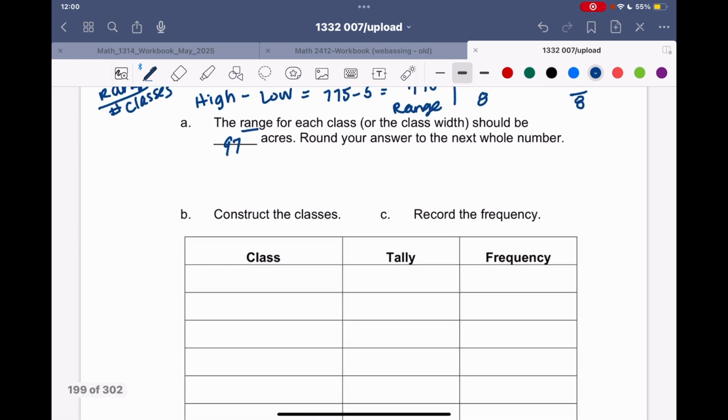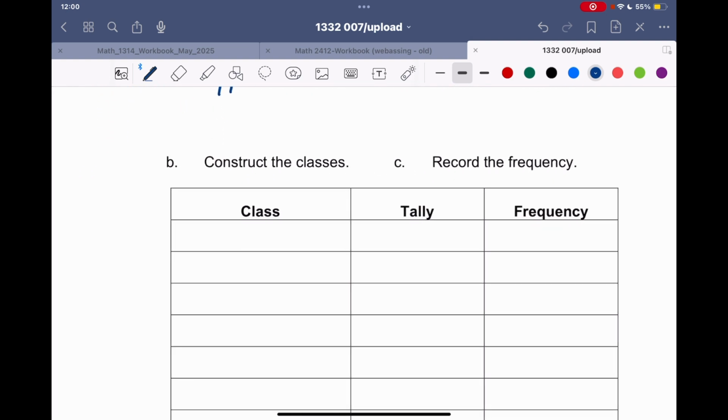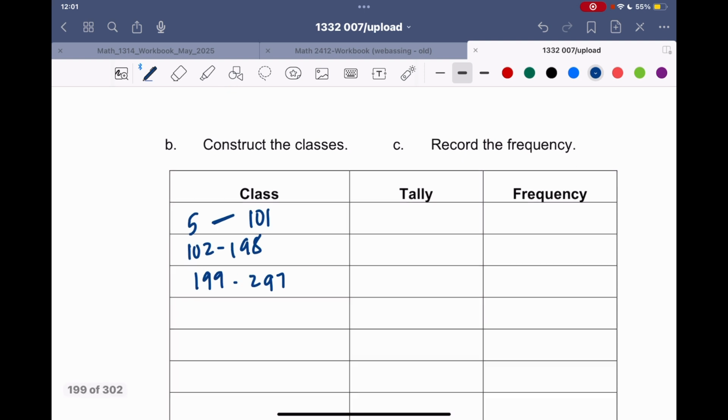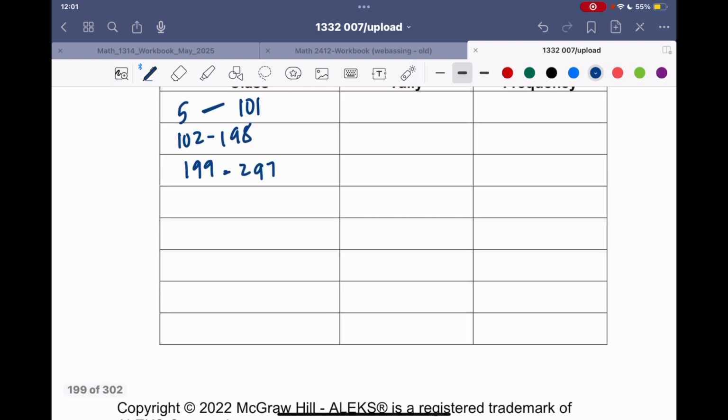So now we have to construct the classes. You start from the lowest point and then you go to 97 and then reduce it by 1, minus 101. And then you're going to add 97. So it goes 102 to 198, 199 to 296. We're adding 97. This is a dash.